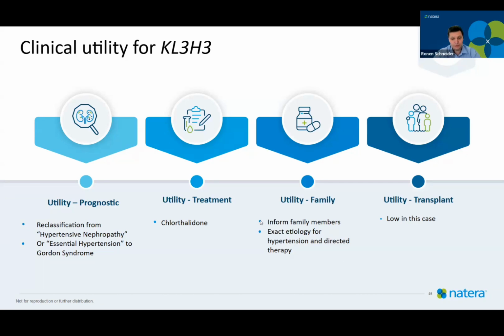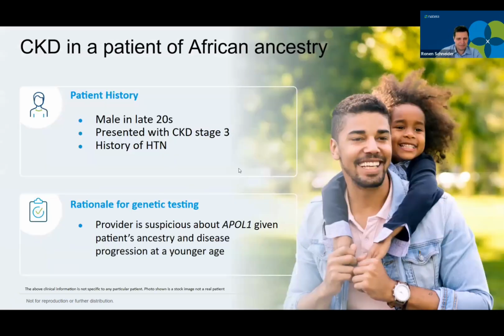The utility for family is to inform all these affected family members who also have hypertension and hyperkalemia, and to guide their therapy with chlorthalidone as well. And the utility for transplant, for this case specifically, is probably not high, as he has a pretty mild CKD at this stage and at this age. Next slide, please.